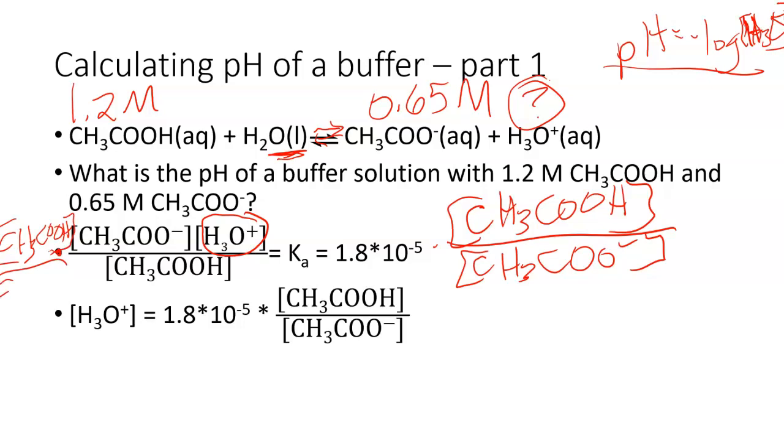CH3COO minus, I need it on the bottom. So that this is going to cancel out here, this is going to cancel out here. And remember, whatever we do on this side of the equation, we must do on this side as well. So this is where I come up with this equation that our concentration of H3O plus is equal to 1.8 times 10 to the negative fifth times the concentration of our acetic acid over our acetate ion. We know the acetic acid and we know the acetate ion from the problem, so I can plug those into my equation.